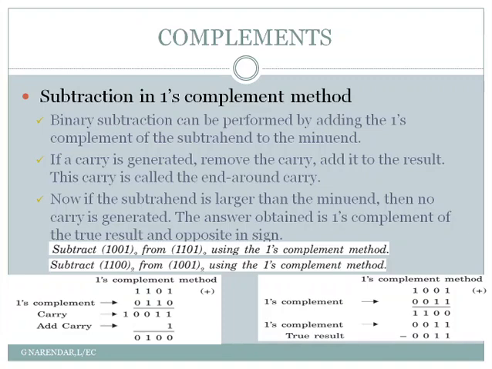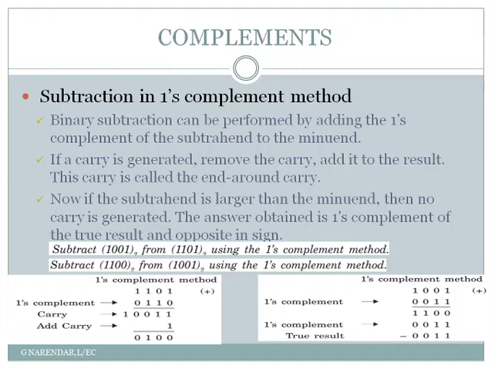If you add the 1's complement of the subtrahend to the minuend, and if a carry is generated, remove that carry and add it to the result. So in the process of performing binary subtraction using the 1's complement method, you have to add the 1's complement of the subtrahend to the minuend.